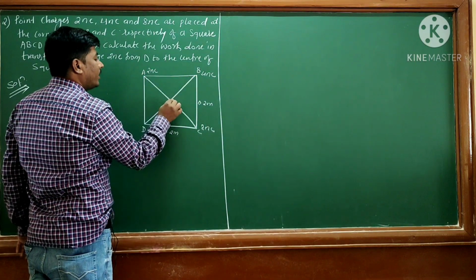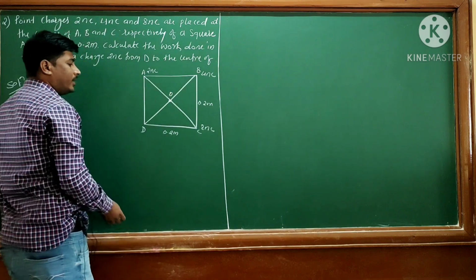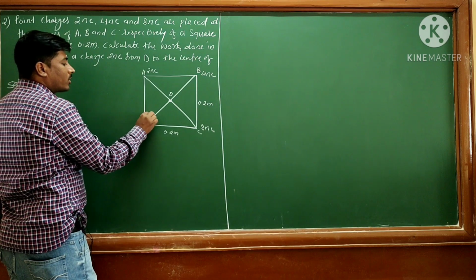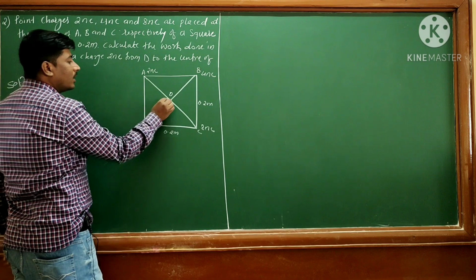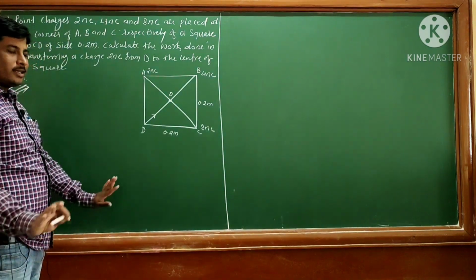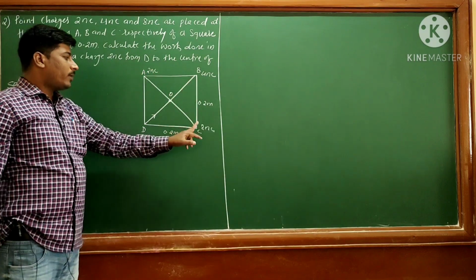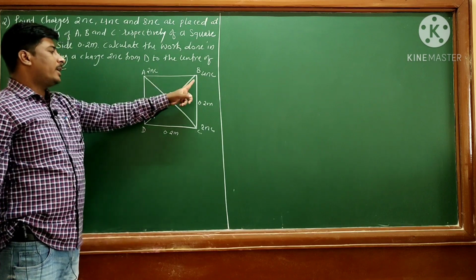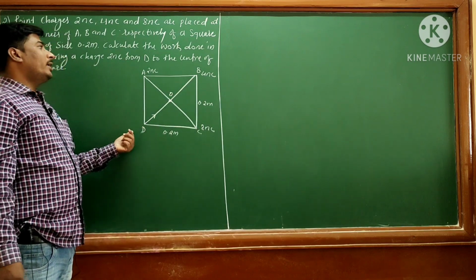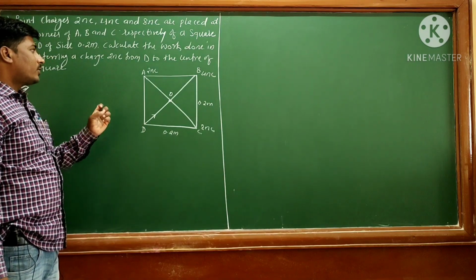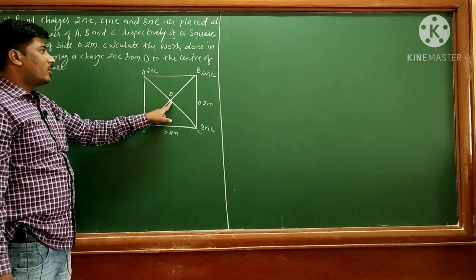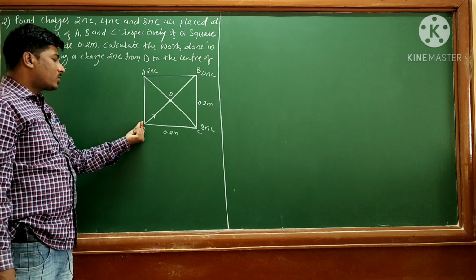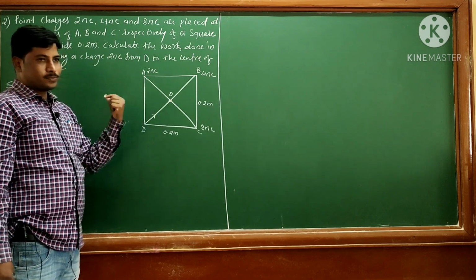This is the center of the square, we will call it O. We have to take a charge of 2 nanocoulomb and transfer it from D to the point O. This is what the problem says: charges 2, 4 and 8 nanocoulomb are placed at the corners A, B and C respectively of square ABCD of side 0.2 meter, and the 2 nanocoulomb charge has to be transferred from D to O.